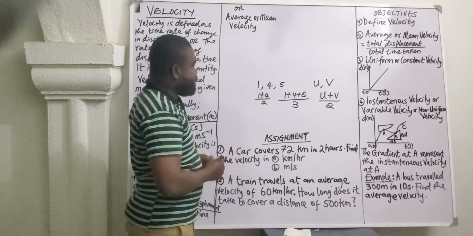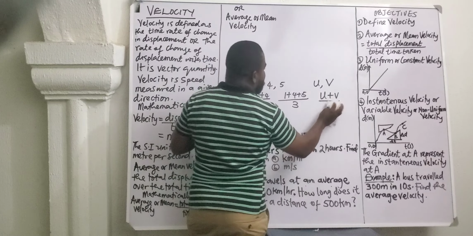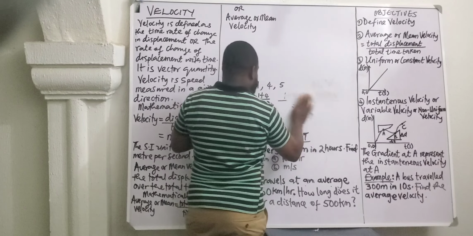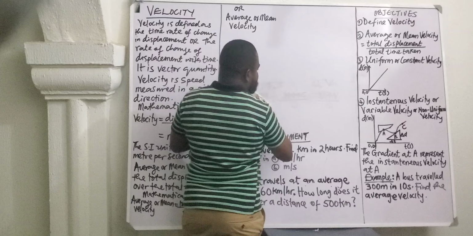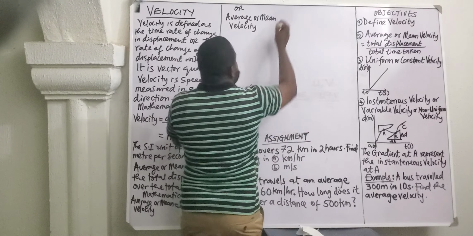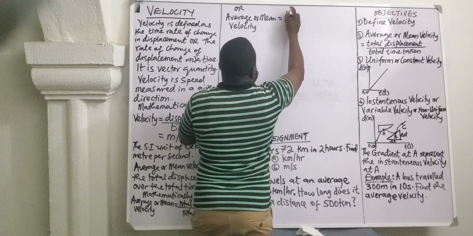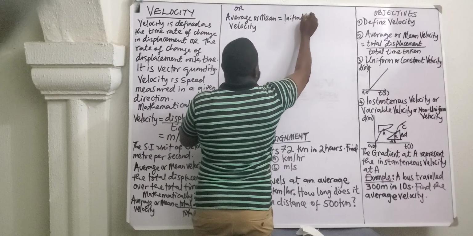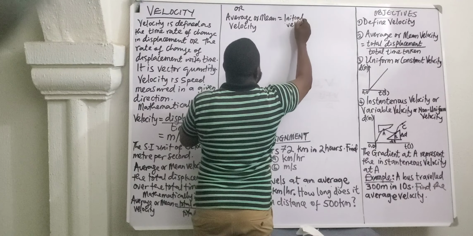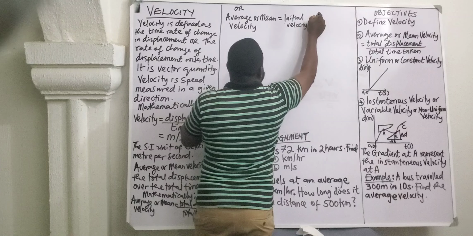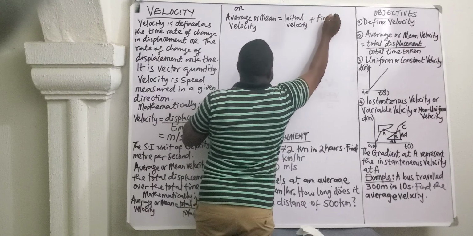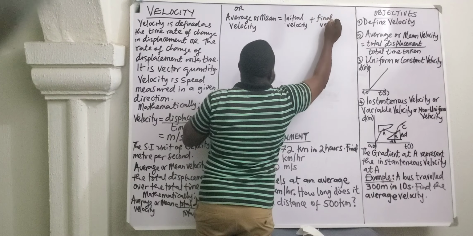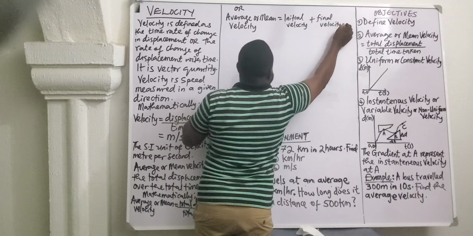So another formula for average or mean velocity is initial velocity plus final velocity divided by 2.